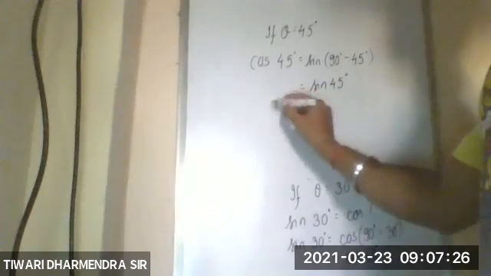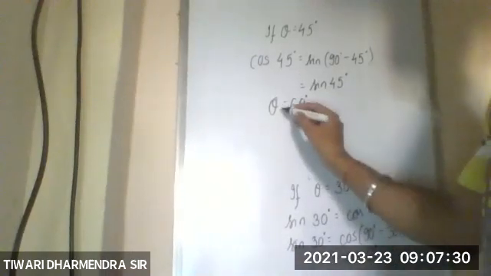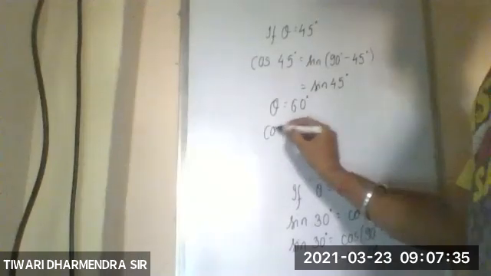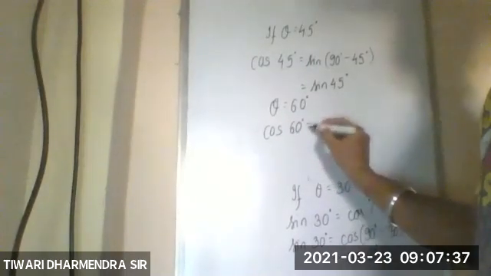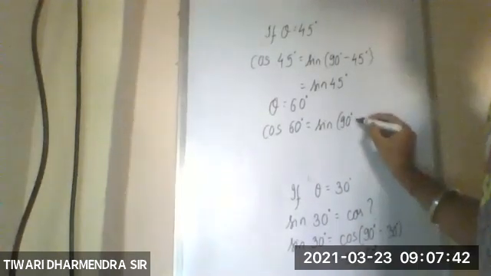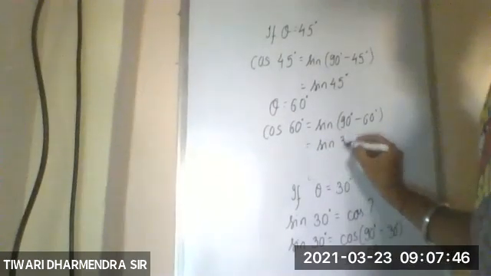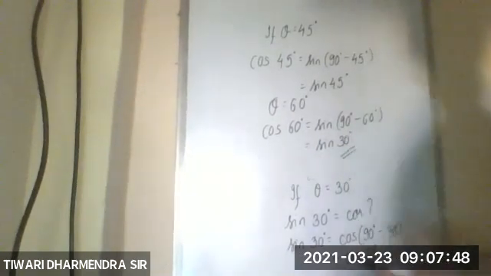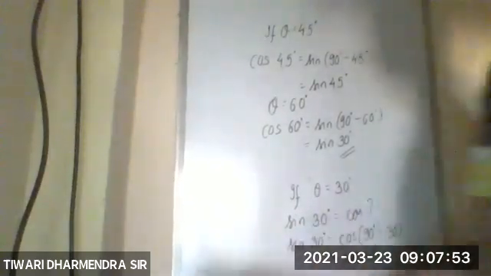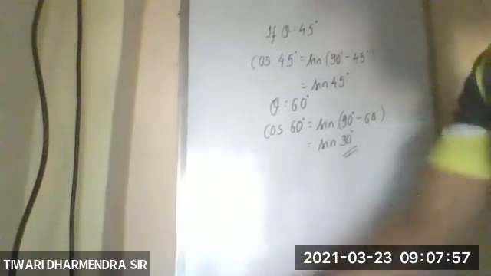If theta is 60 degrees, then cos of 60 degrees is equal to sine of 90 minus 60 degrees, which is sine of 30 degrees. Yes. So these are the rules, as well as if theta is 90 degrees, as we are finding the relation for 90 minus theta.